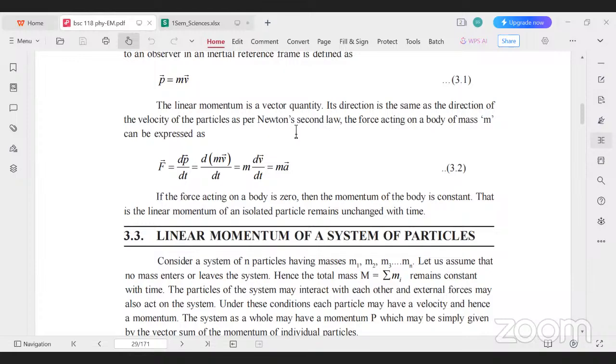In the iron rod, the electrons are placed one by one, so it is ready to conduct. When the particles of the system interact with each other and an external force also acts on the system, it will normally be conducting if we give some external force.